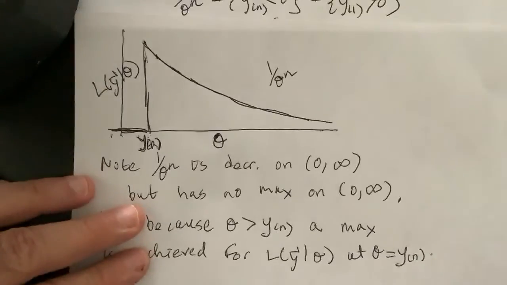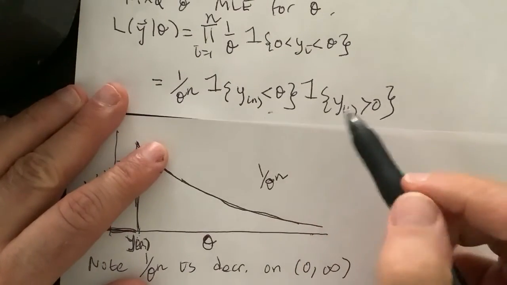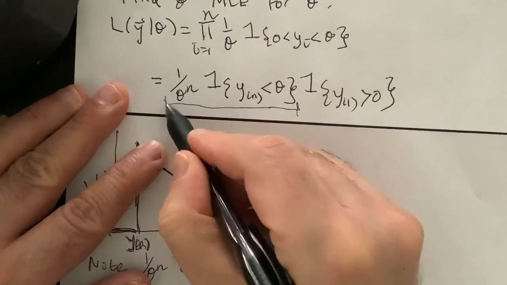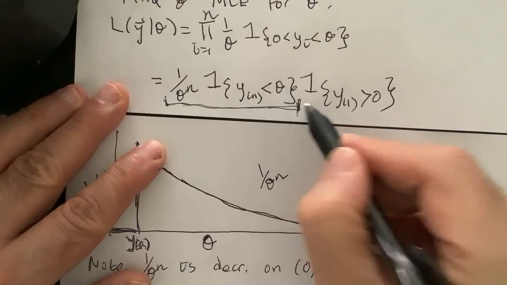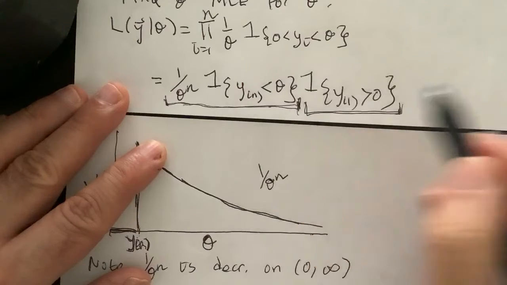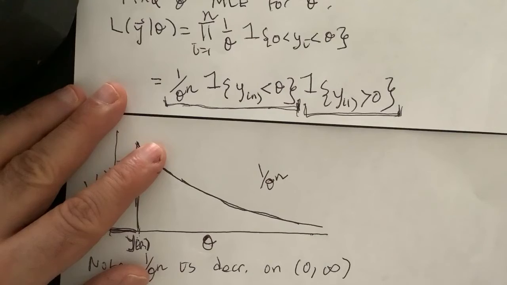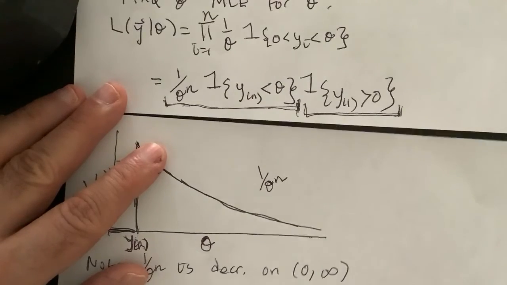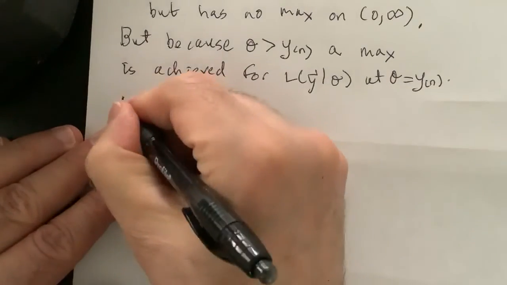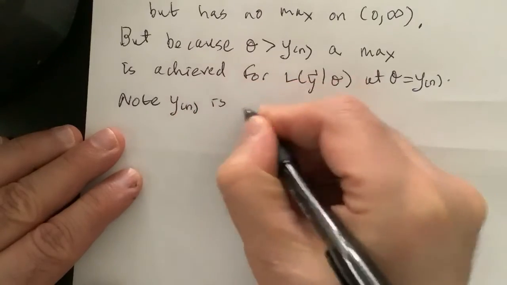Notice again that if we go to the likelihood function, yn, the max of the sample, is part of this. You might even remember from 9.4 that the max is a sufficient statistic for theta. So once again, we see the MLE is a sufficient statistic for theta. So note again, yn is sufficient.